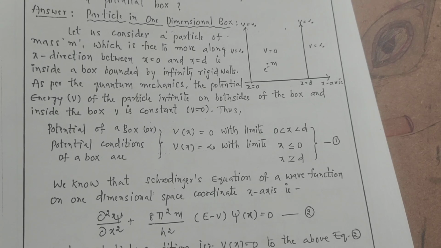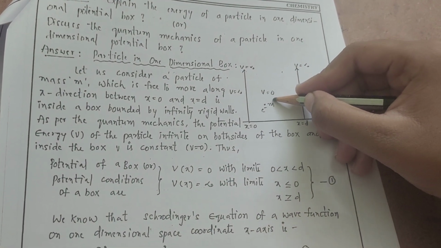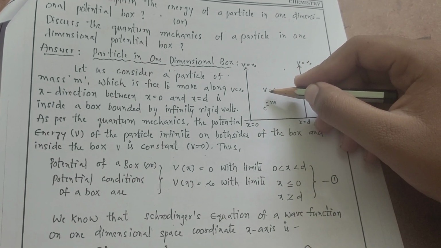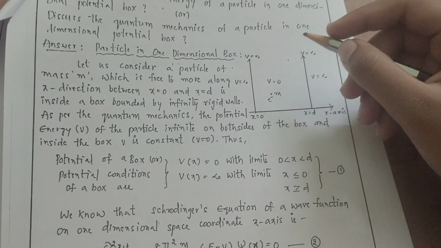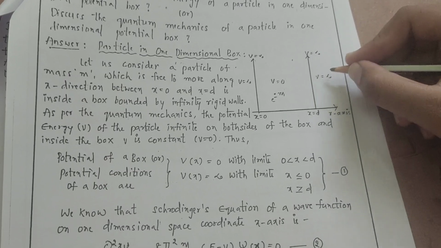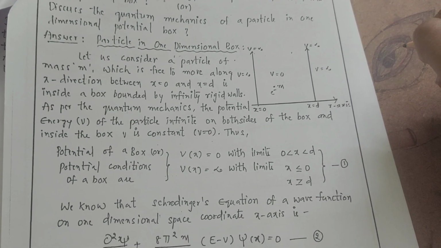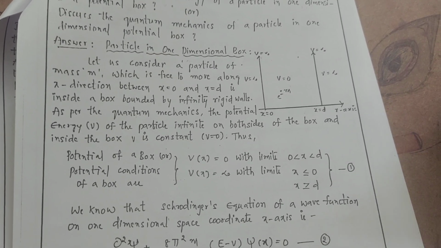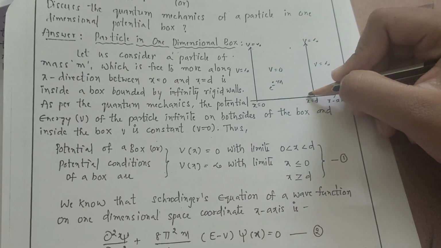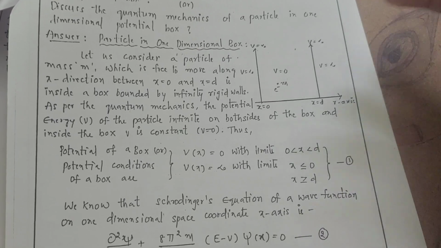Let us consider a particle of mass m. There is a particle of mass m here which is free to move along the x direction, between x is equals to 0 and x is equals to d, inside a box bounded by infinitely rigid walls.